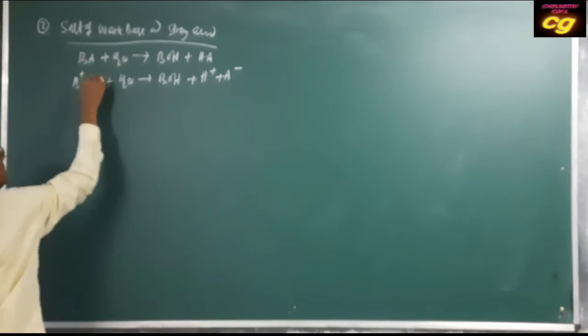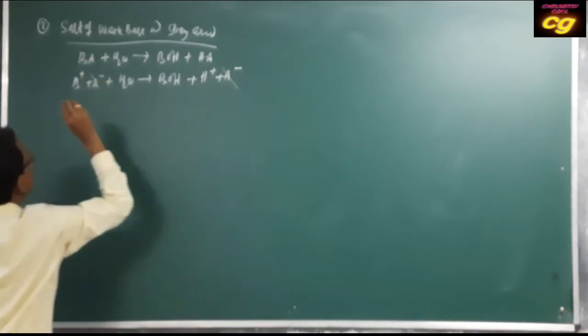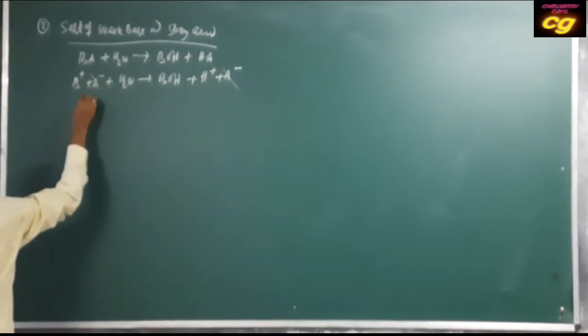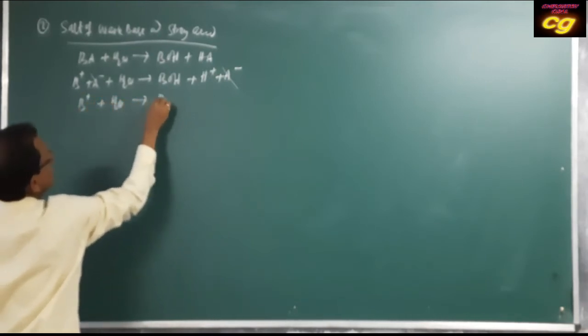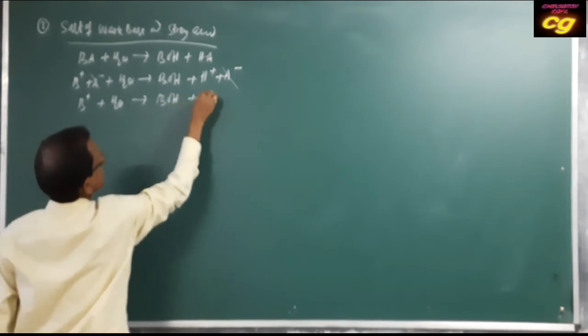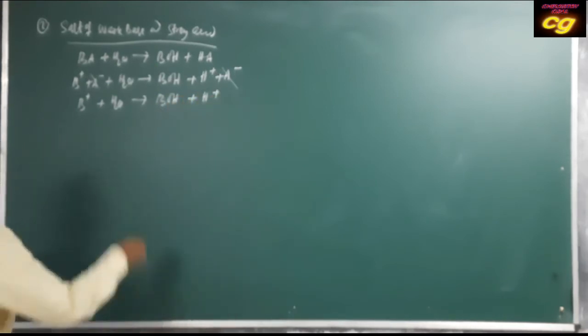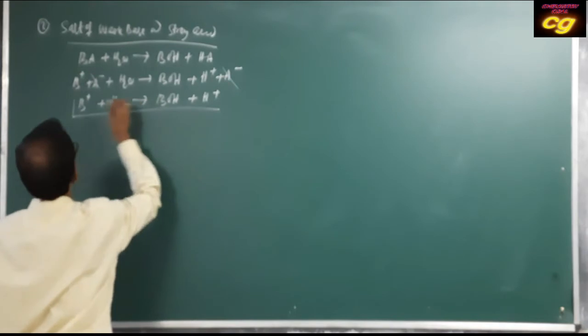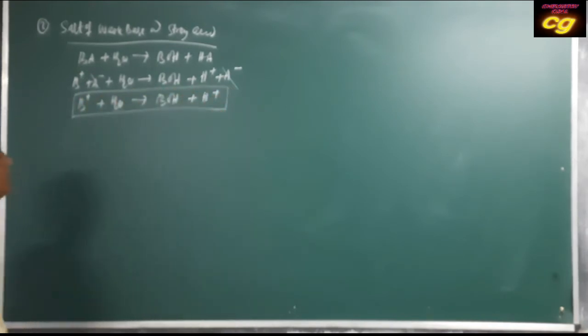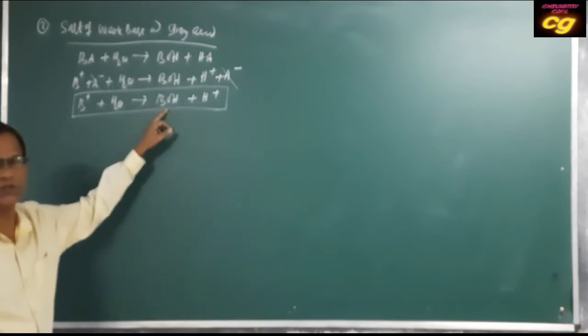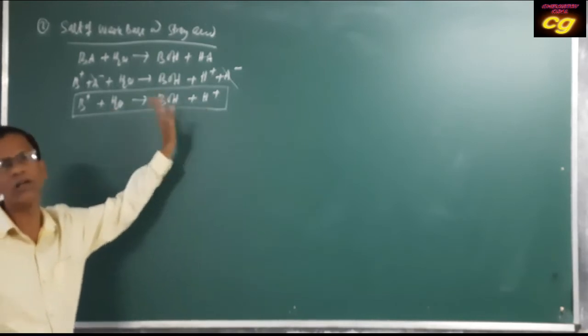So here A minus is cancelled, and what is left is B plus, which in presence of water produces BOH and H plus. This is the final equation of the salt of weak base BOH and strong acid, that's why H plus.